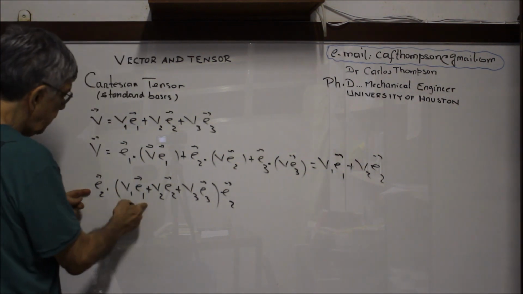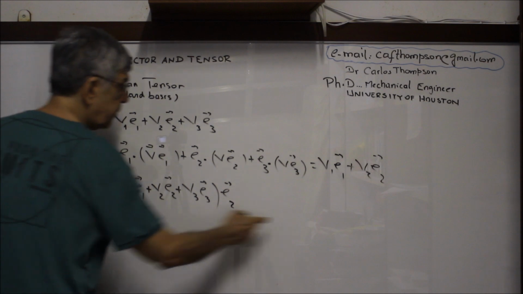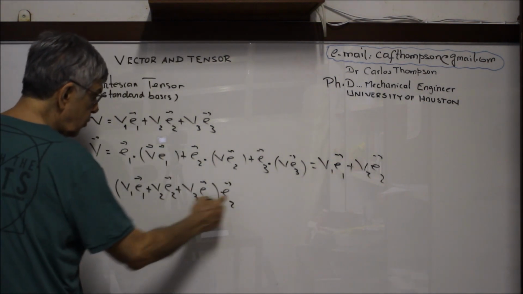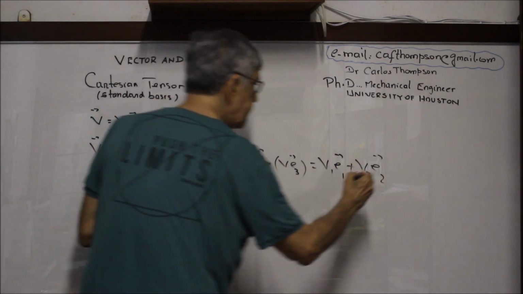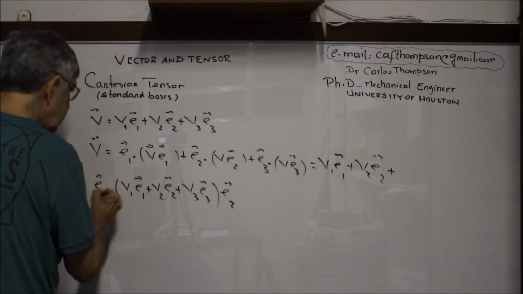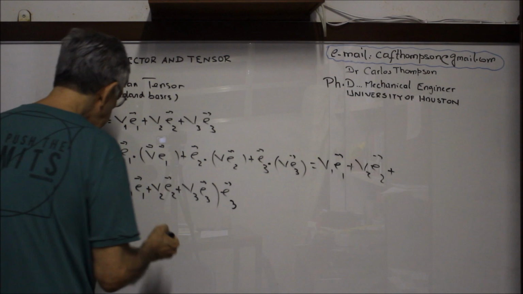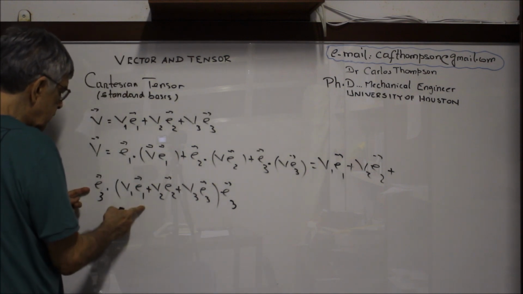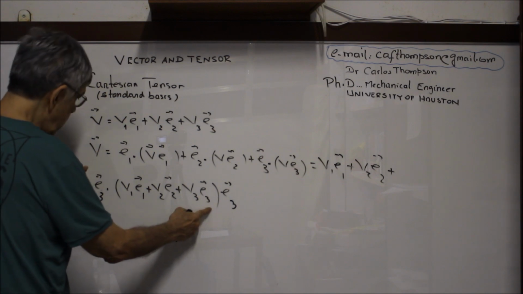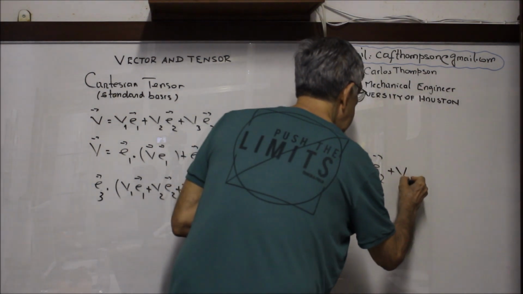Plus, now I put the third term there. Now, E3 dot E1 is 0, E3 dot E2 is 0, E3 dot E3 is 1. So here I have V3 E3.